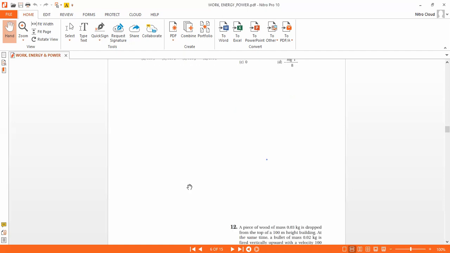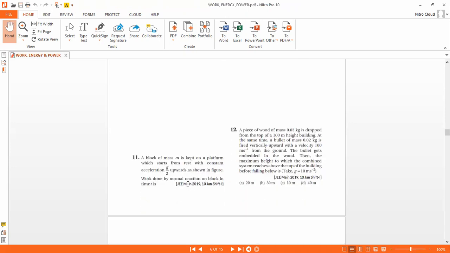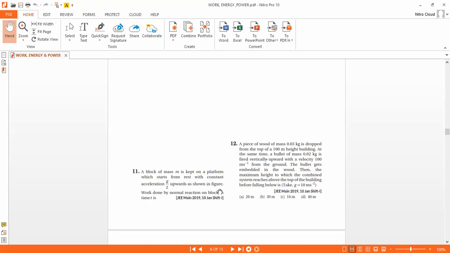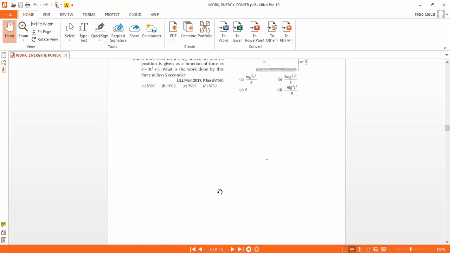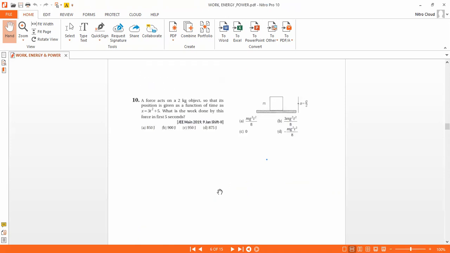Next one. A block of mass m is kept on a platform which starts from rest with constant acceleration g by 2 upwards as shown in the diagram. Work done by normal reaction in time t. Here they gave the diagram.